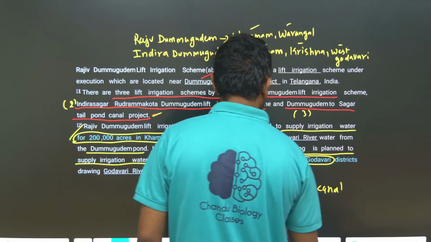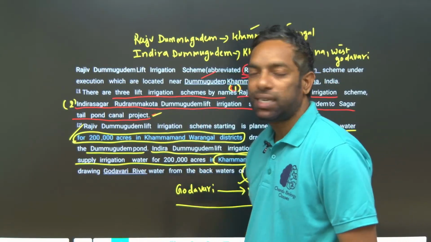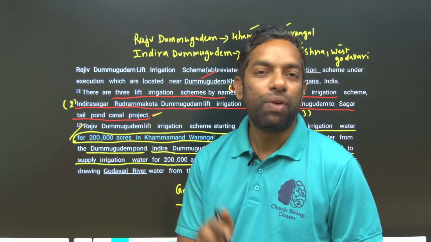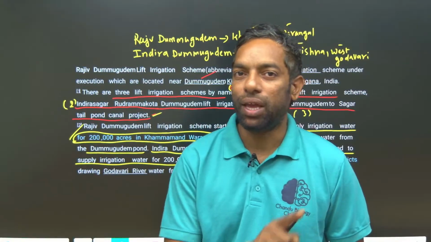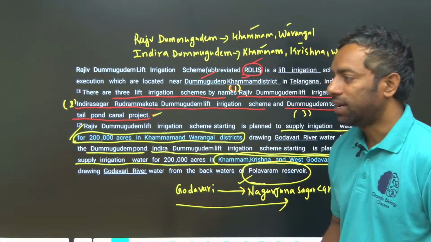Water can flow through this project only. They can lift the water from the Godavari to the Krishna. Godavari to Nagarjuna Sagar. I hope you understand this.